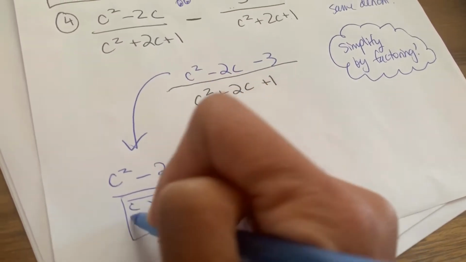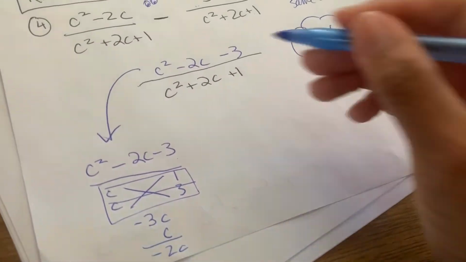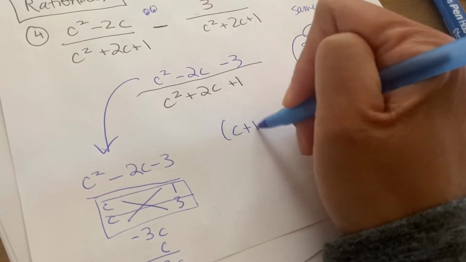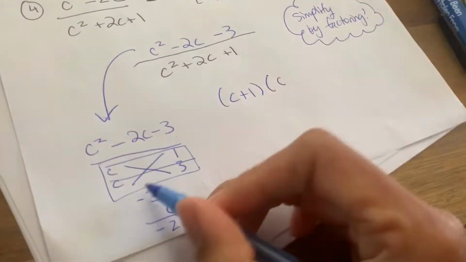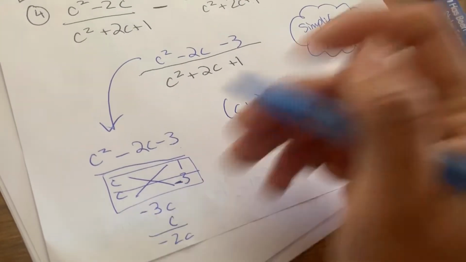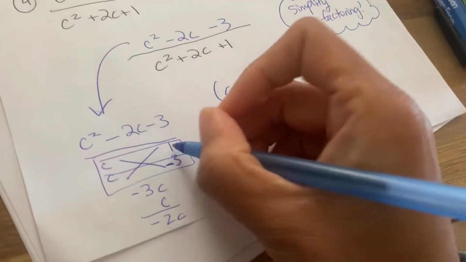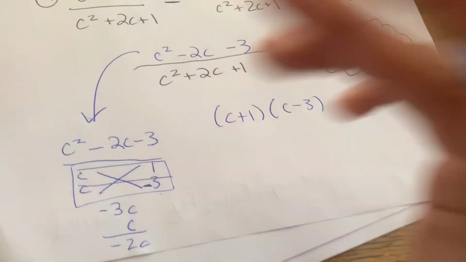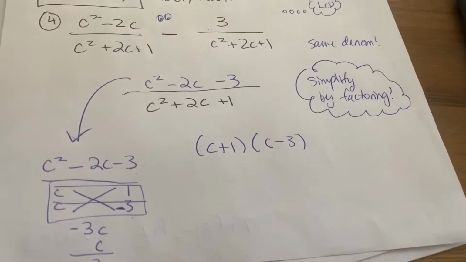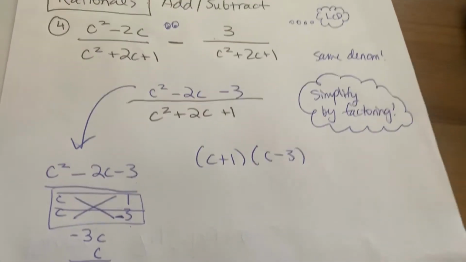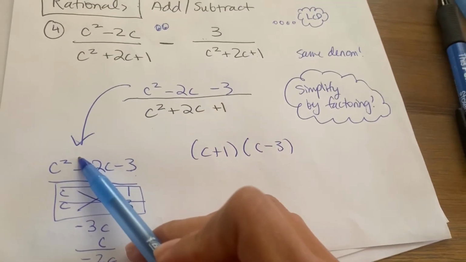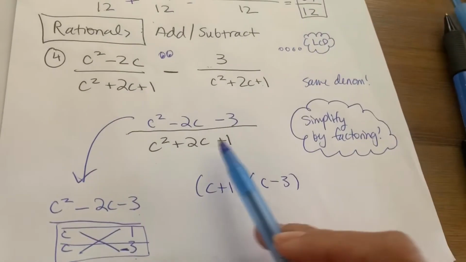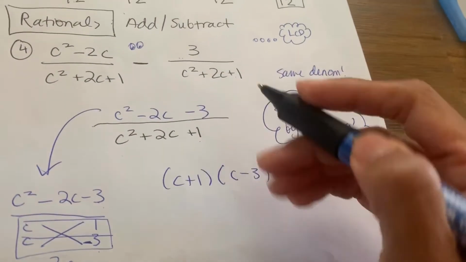So on top I get c plus 1 and c minus 3, because 1 times negative 3 gives me negative 3. I went through that kind of fast because I'm assuming you already know how to factor. If you're struggling with factoring, please go back to my previous videos on factoring to learn how to do this.